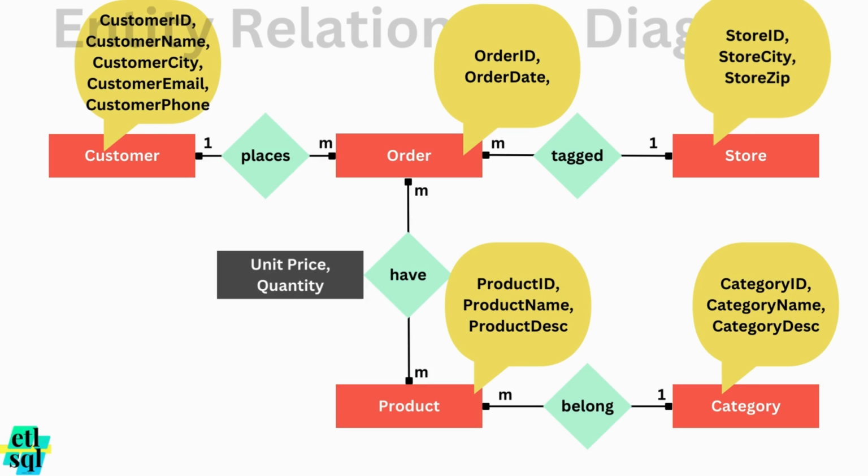If this ERD diagram is not clear to you, pause the video here, spend some time, because in the subsequent slides, I will be creating third normal form table using the exact same ERD. And if you are ready, let's move.